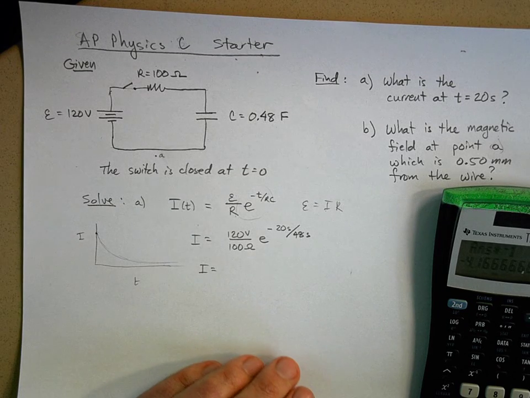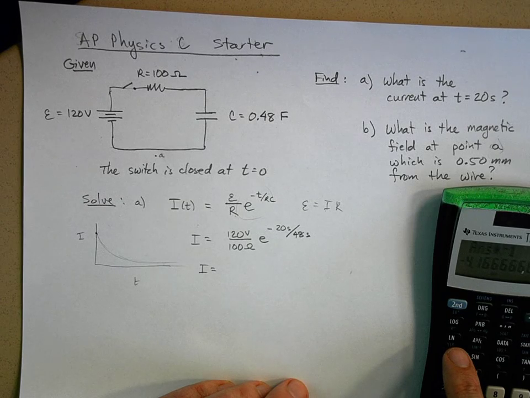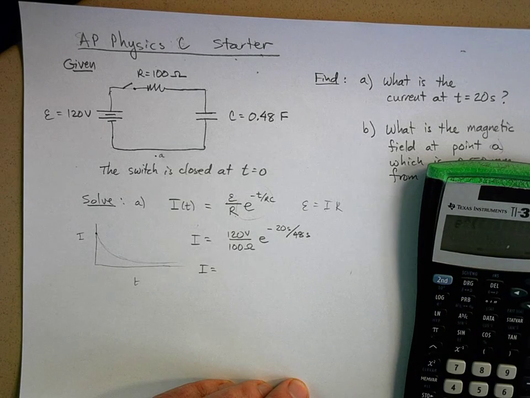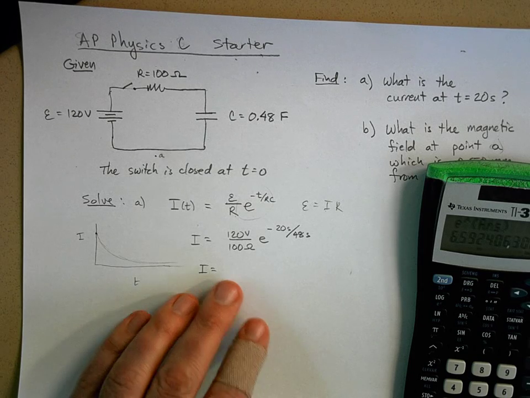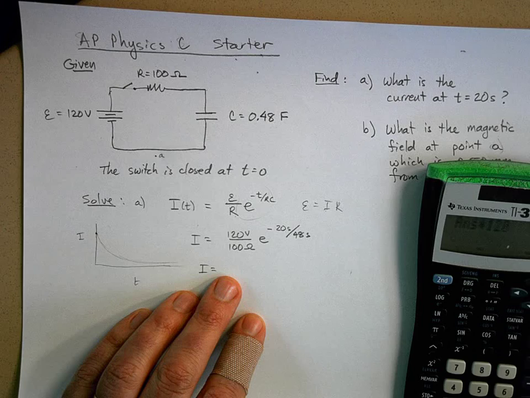Then on my calculator, I go second, e to the x. Times 120 divided by 100.